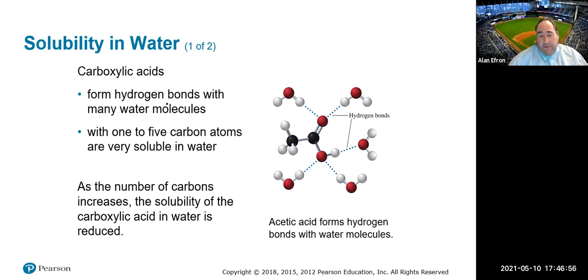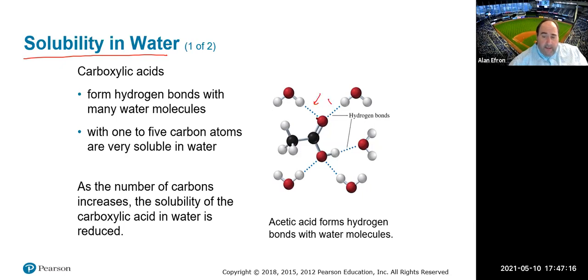Because of those multiple polar groups, it also very much increases the solubility in water. It allows it to interact well with water through hydrogen bonding, with 1 to 5 carbons being very soluble in water. So again, these are all hydrogen bonding.